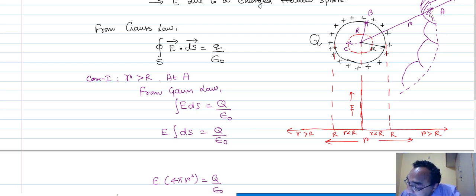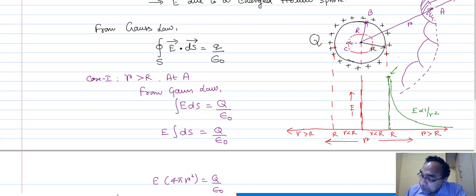So it's a very steep curve and it will never intersect the axis, because if E is 0, r is infinity, and if r is 0, E will be infinity. Somewhere it will meet, so this we will call constant. So here I have E inversely proportional to r square.